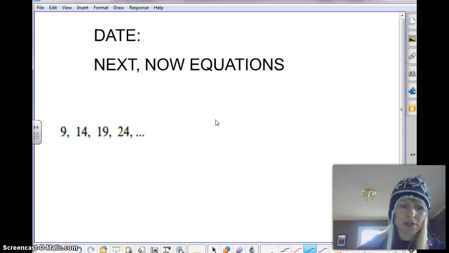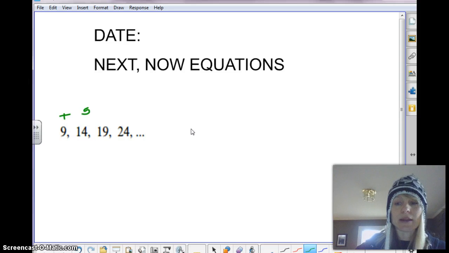So we look at this sequence: 9 plus 5 is 14, 14 plus 5 gives me 19, and 19 plus 5. So we're adding 5, which means it can automatically be returned as an arithmetic sequence. But I want to put it in what's called the next-now equation.